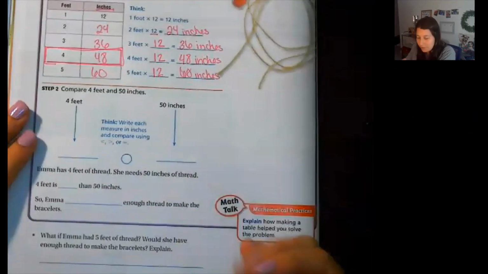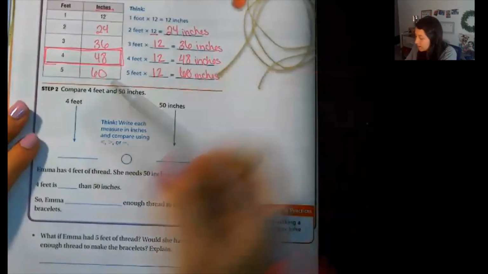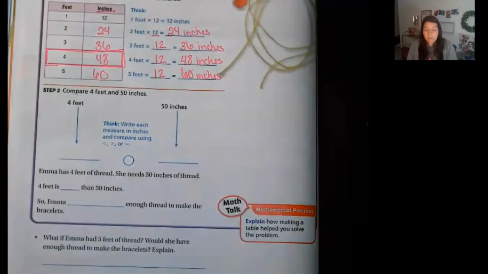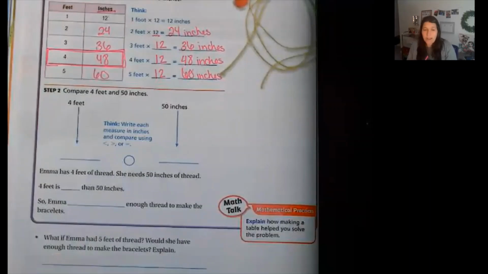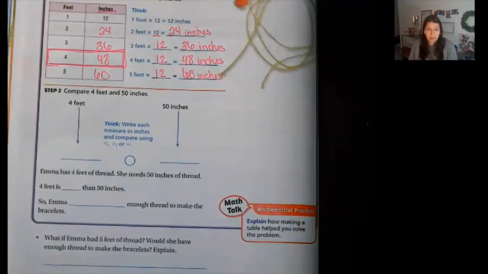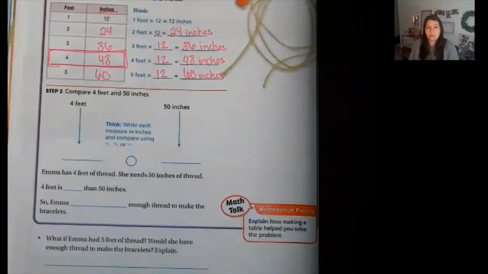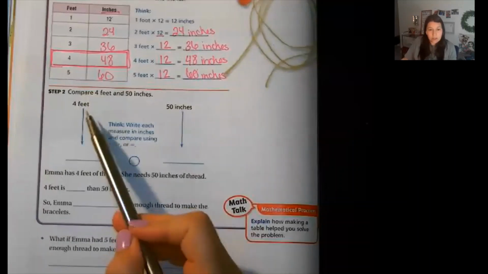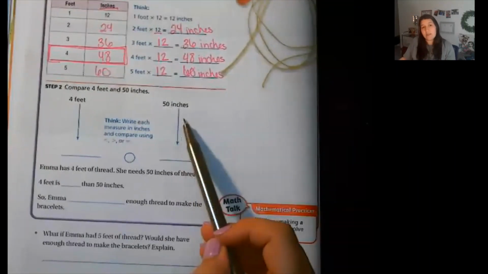So as we move along, that information is going to be important. So here, when we want to compare 2 different types of units of measurement, we have to be able to convert them into one of the 2 forms. So here, if I'm looking at feet and inches, I either need to change my feet into inches or I need to change my inches into feet.